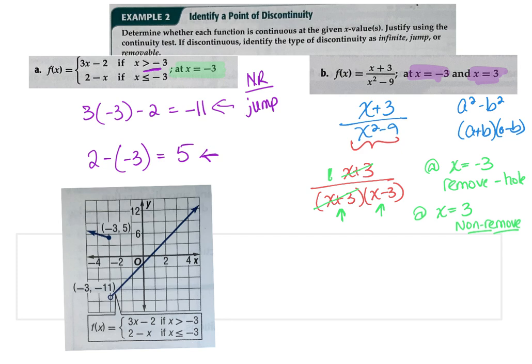You can put non-removable. That's actually an infinite, all right? So when it's non-removable, but it's not a jump, we are going to say this is an infinite. So we have one hole and we have one infinite discontinuity, all right?